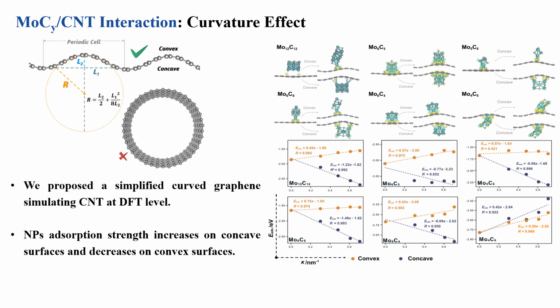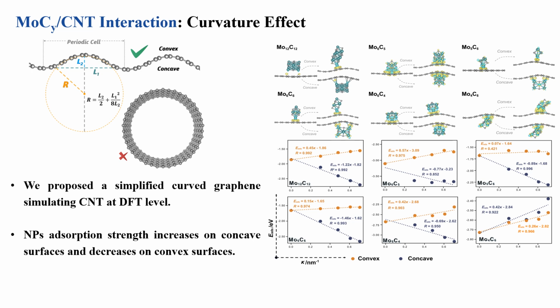Okay, now by loading the nanoparticles on curved graphene, we find an important curvature effect. The nanoparticles show stronger binding on concave surfaces and weaker binding on convex surfaces.